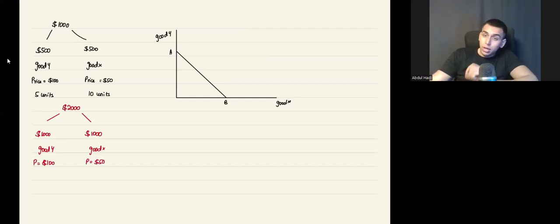According to the new allocation, I can now buy 10 units of good Y and 20 units of good X.